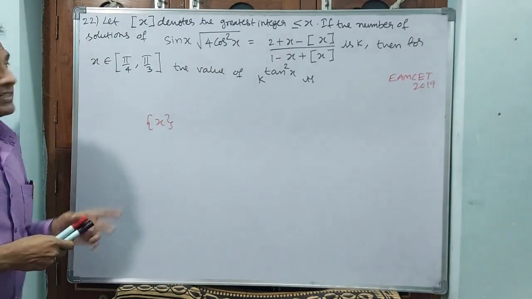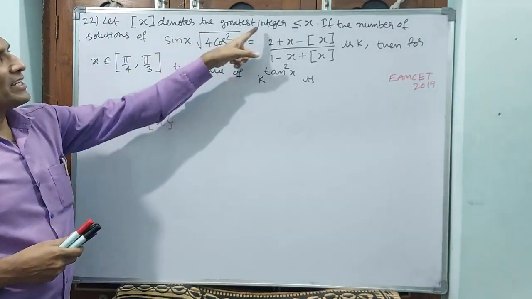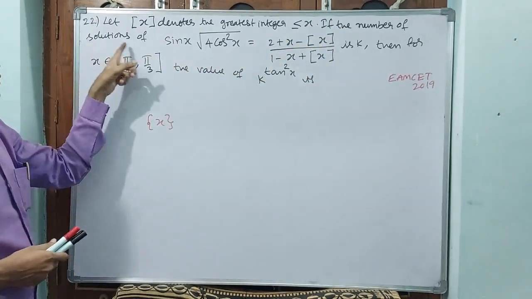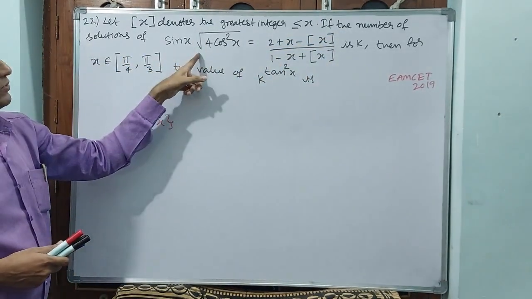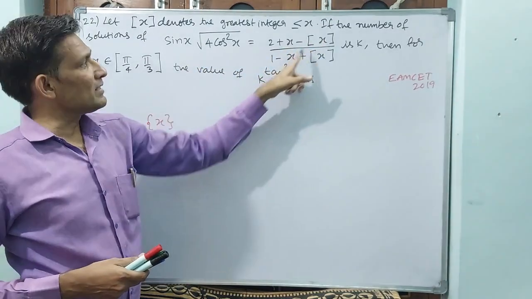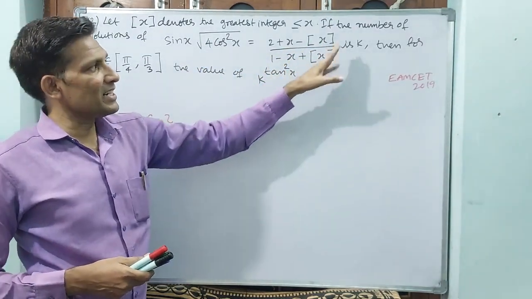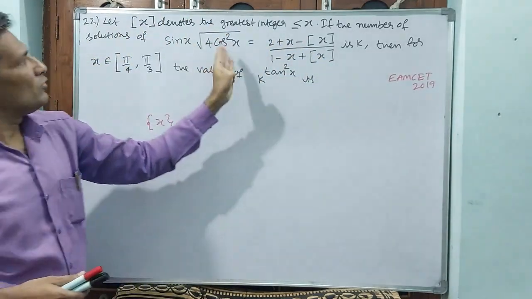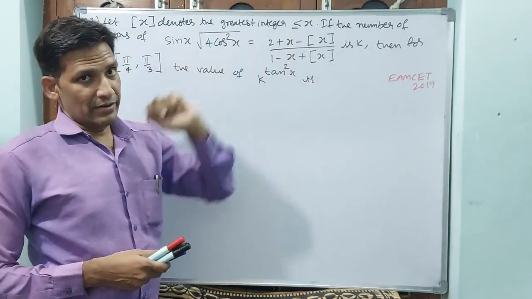Let us understand this. Greatest integer x denotes the greatest integer less than or equal to x. If the number of solutions of sin x times square root of 4 cos square x is equal to 2 plus x minus greatest integer x by 1 minus x plus greatest integer x is k. Okay. That means what is this? Number of solutions. Number of solutions are k.